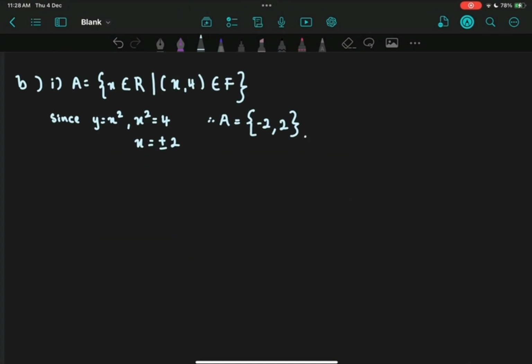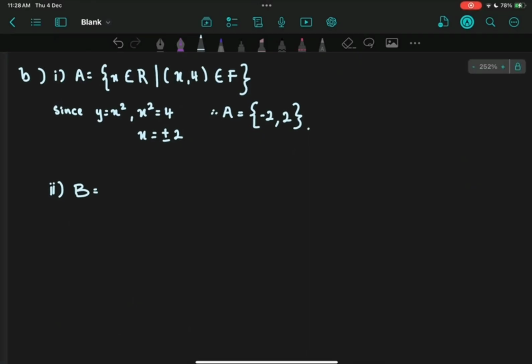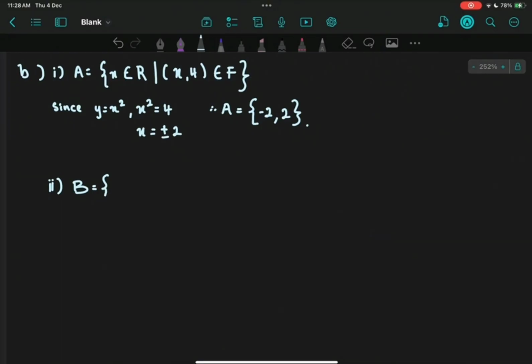Moving on, we go to set B. It's basically the same as set A. Set B is all the x values that make the pair (x, 10) satisfy the relation. So just like set A, x squared equals 10 because we know that y equals 10 right now.